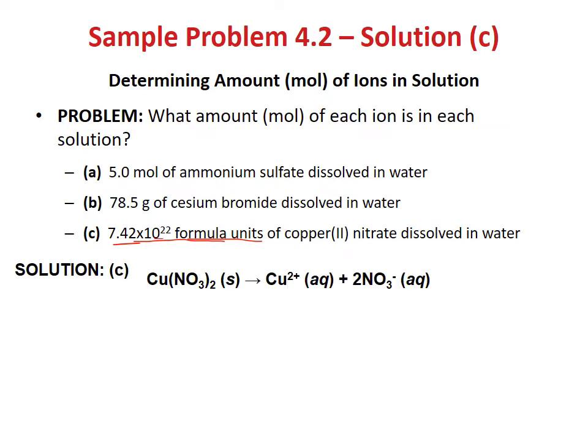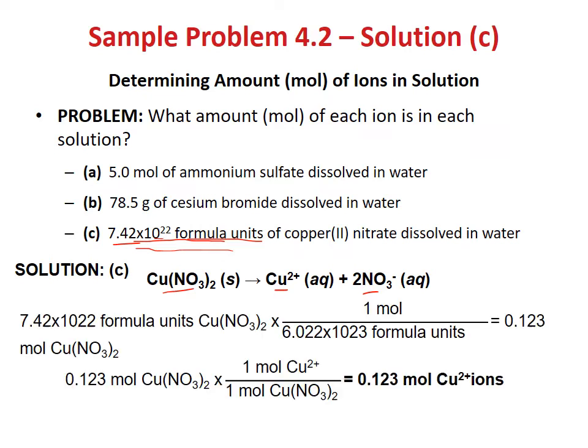Each copper nitrate gives you 1 copper ion and 2 nitrate ions. Now, because given is number of entities, we first need to convert to moles and then use stoichiometry as we did in B to calculate the moles of each ion.